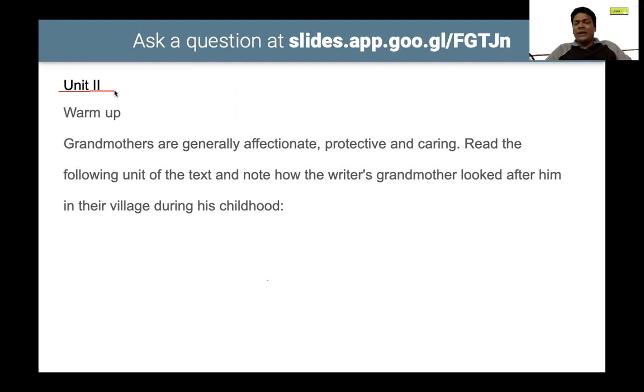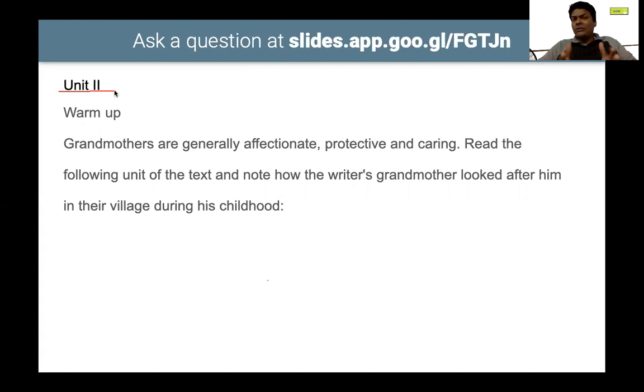We know that in some areas grandmothers are portrayed as a negative character, but here in this particular excerpt, the author tries to present the positive aspect of grandmothers, saying that their qualities are affectionate, protective, and caring. Now let's read this unit of the text and note how the writer's grandmother looked after him.